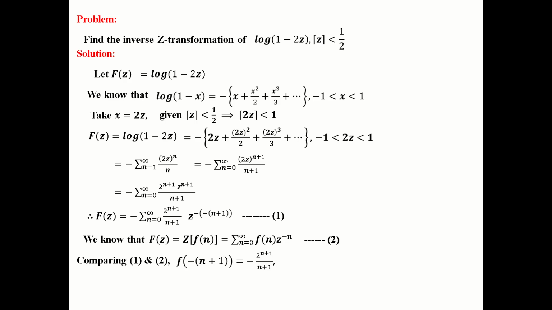Therefore, the power of z is minus n, and here the power of z is minus (n plus 1). So we replace n by minus (n plus 1). That's all. So f of minus (n plus 1) is equal to minus 2 power n plus 1 by n plus 1.